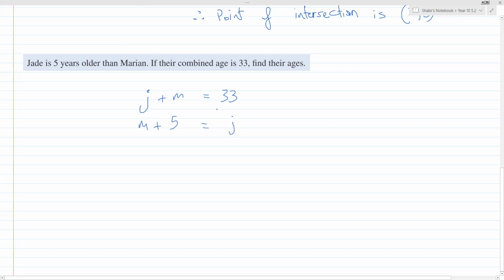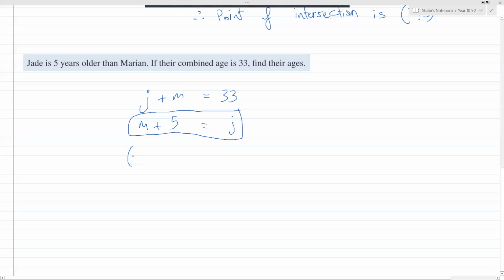And just thinking about it in terms of what to sub in, I know what J is. So I can just sub in J. I know J is equal to m plus 5. And so I can put that into my first equation. I just sub in m plus 5 every time I see J. And I see a J there, so I'm going to put in brackets m plus 5, plus m equals 33.